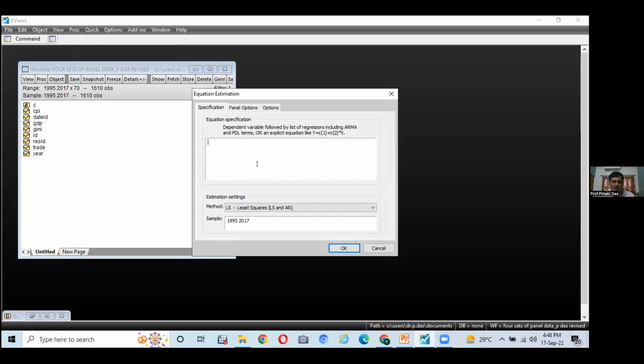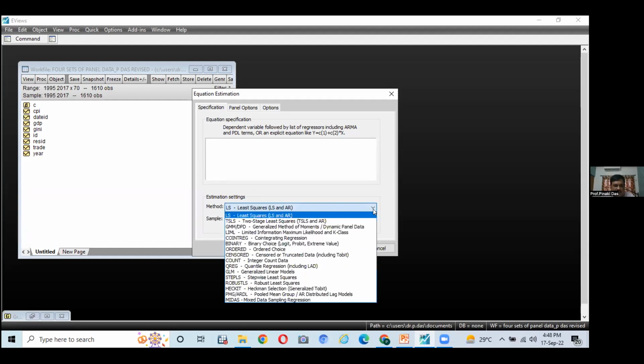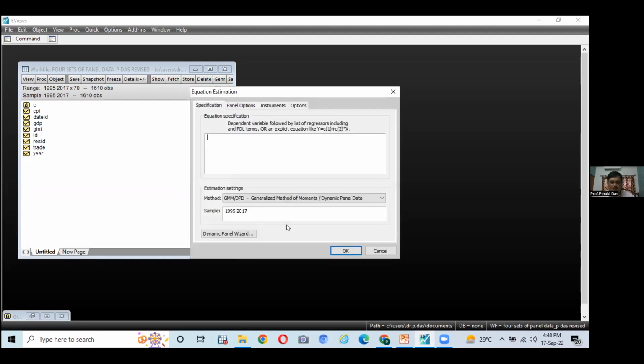When we open this dialog box, at the bottom there is the option of Method. Under this method, there are different methods of estimation. Here we select the appropriate method of estimation, or appropriate type of panel data regression model, that is dynamic panel data or generalized method of moments, GMM.